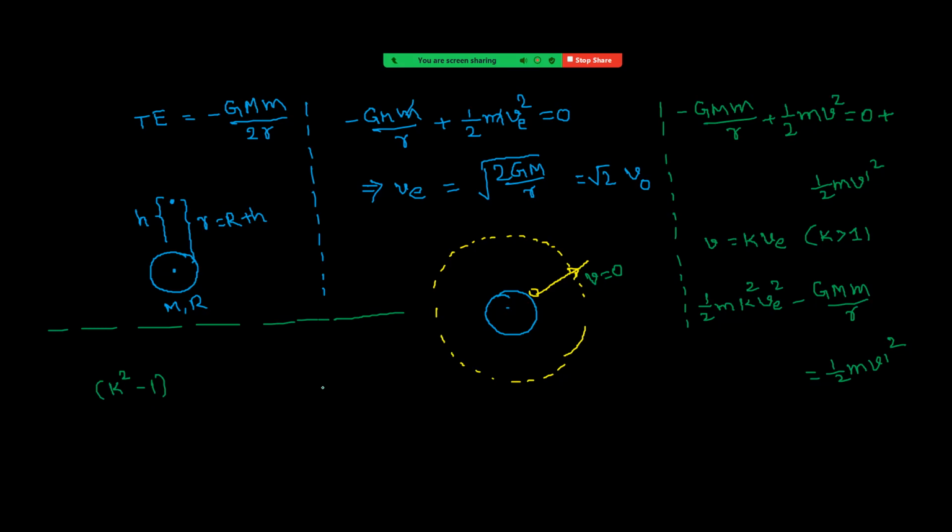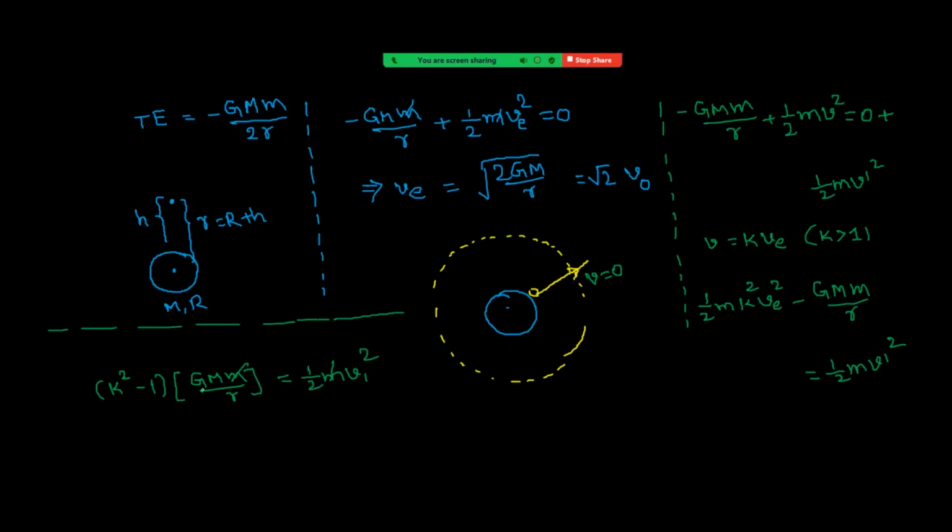I'm writing here k square minus 1 into, just a minute, what I have taken here. Half m v square is G m by r. That is equal to half m v dash square. Mass gets cancelled.